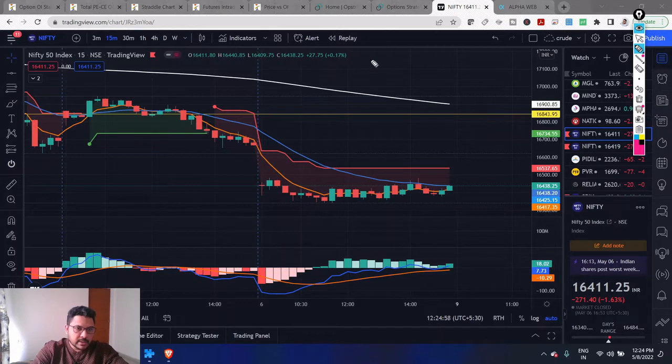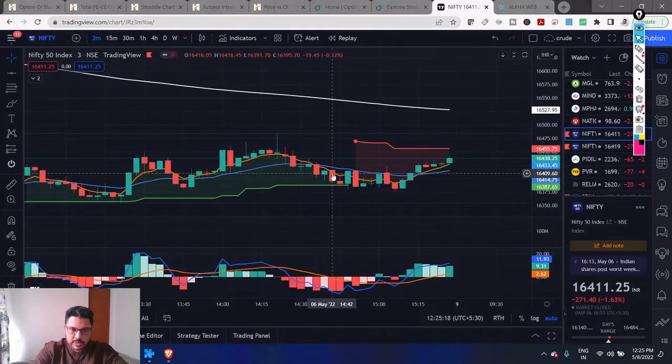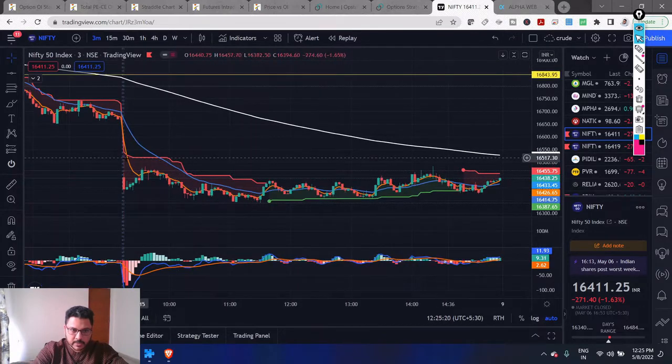And then let's look at this. See, always remember, if you are doing any kind of option selling especially, then you need to always take a trade basis your 15-minute super trend. If your 15-minute super trend is bearish and your 3-minute super trend is also bearish, then you sell a call.